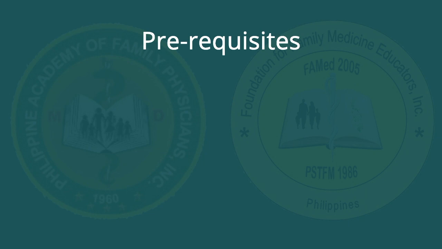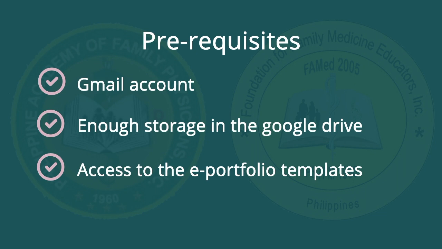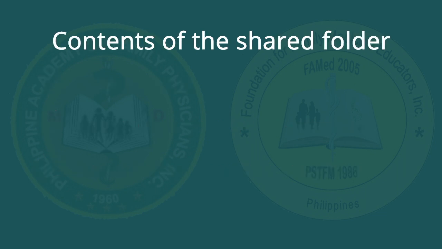As a prerequisite, the trainer should have the following: a Gmail account, enough storage in the Google Drive, a shared Google folder of templates. Each training program will be shared a Google folder of templates.